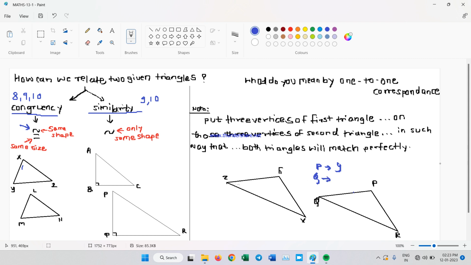Point Q corresponds to point Z over here, and there is a point R which corresponds to point X in the first triangle.